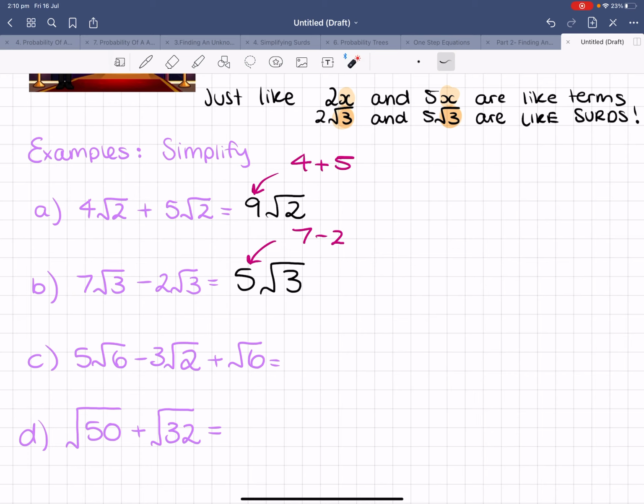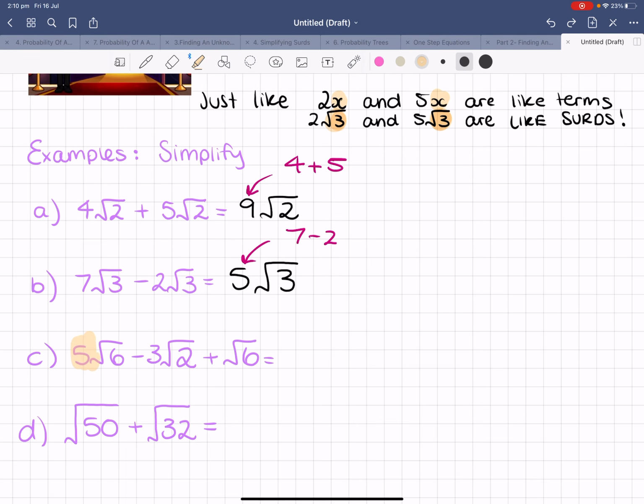Okay, this one's got a little bit of a trick in the middle because we've got 5 square root 6 minus 3 square root 2 plus square root 6. Now, like I said before, we can only add or subtract like surds. So the other like surd to this one is the plus square root 6. Whereas this one is on its own.